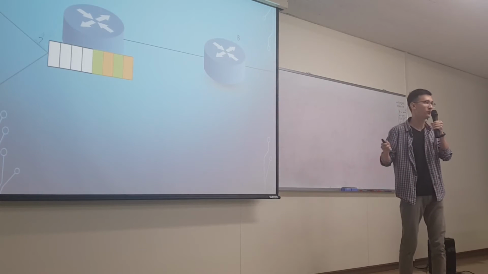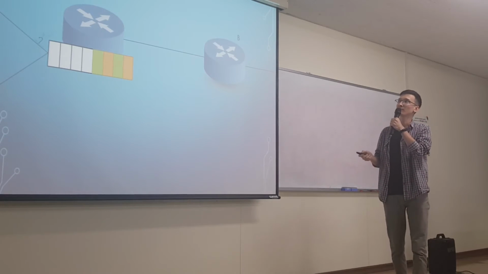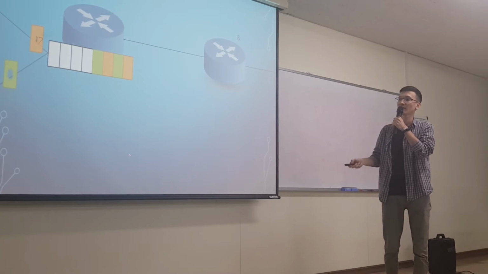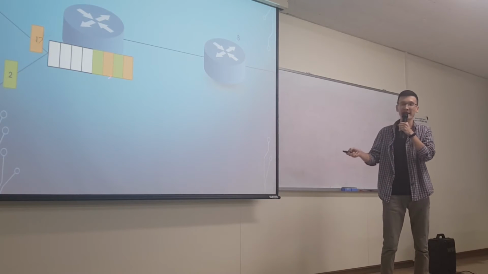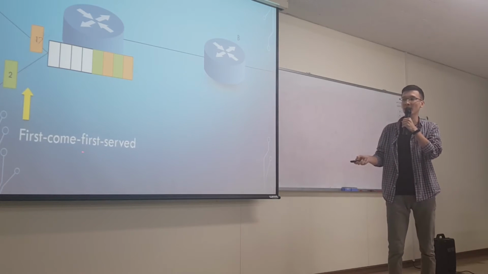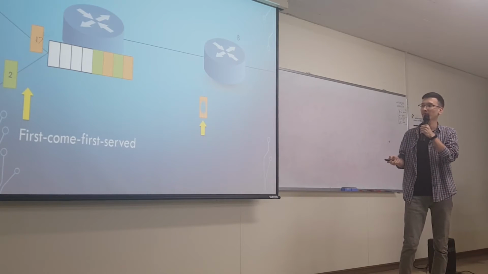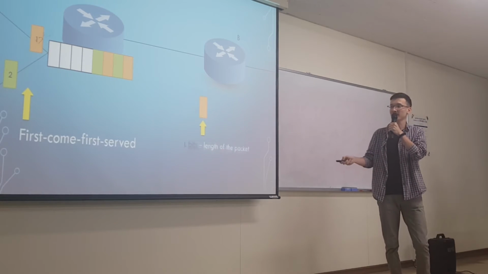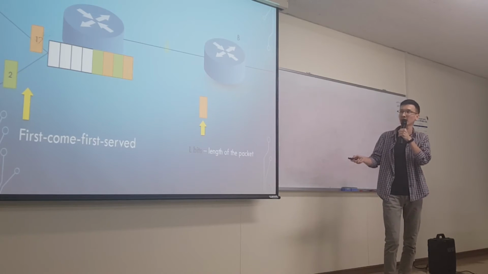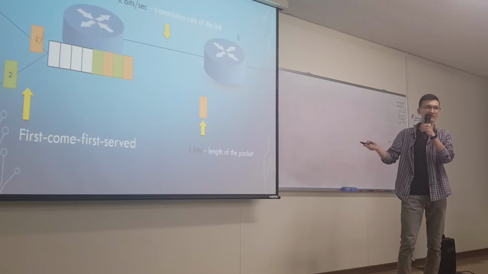Next, we have two routers, router A and router B. Transmission delay. Two hosts send two packets. And here, the first come, first served rule operates. Let's consider L as the length of the packet, and R as the transmission rate of the link.